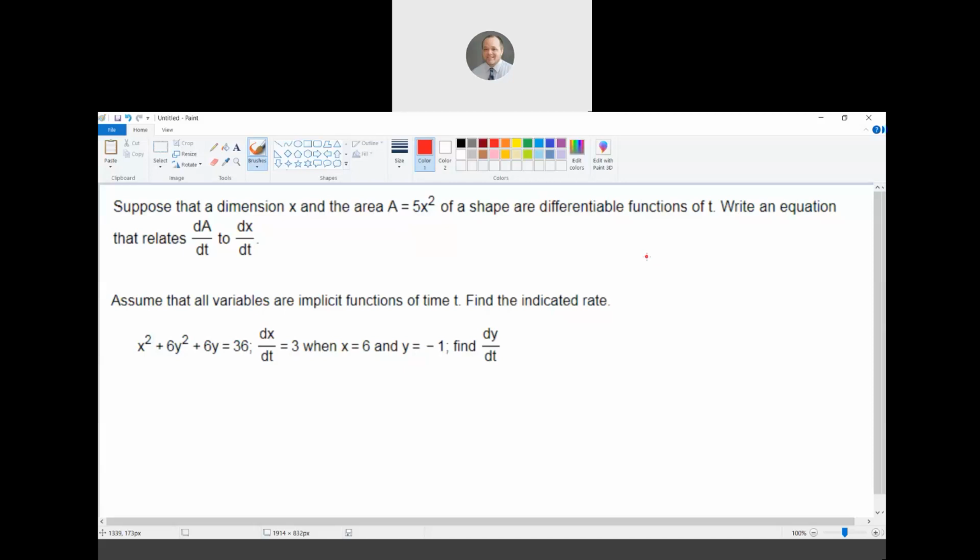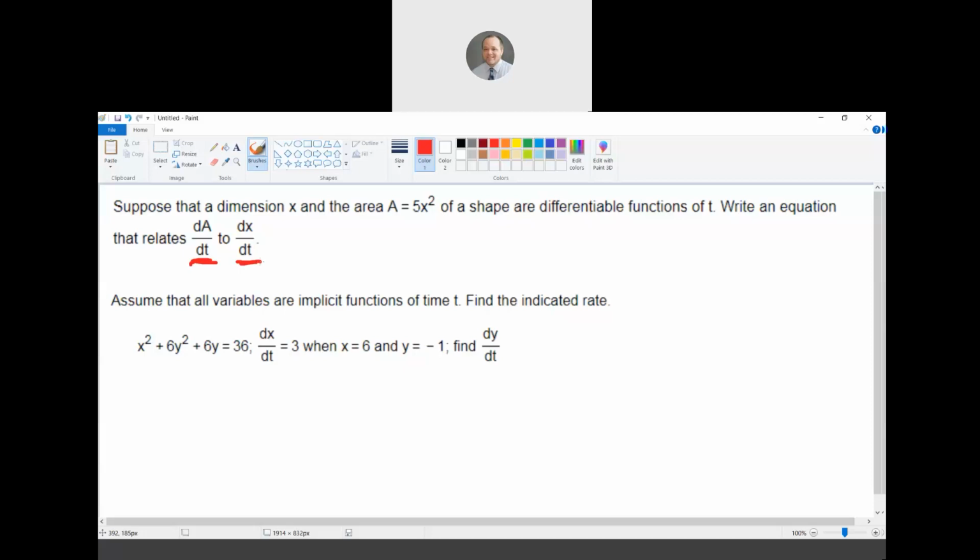Write an equation that relates the derivative of A with respect to time to the derivative of x with respect to time. By the way, dA over dt means the change in the area with respect to time, and dx over dt represents the change in the dimension x with respect to time.